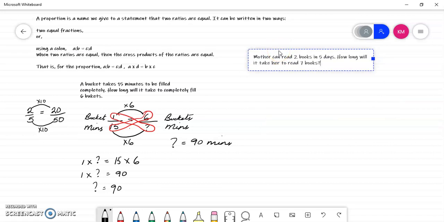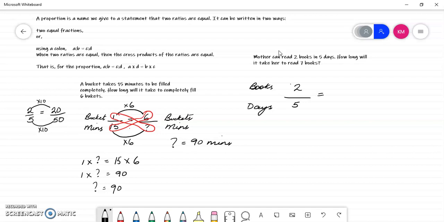Right, so I can write books over days. So mother takes 5 days to read 2 books. How long will it take her to read 7 books? So that books is going to remain at the top. So this here on the side is books, underneath on this side is days.